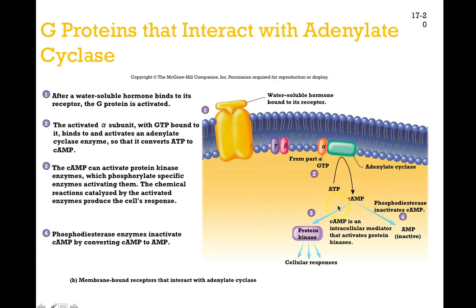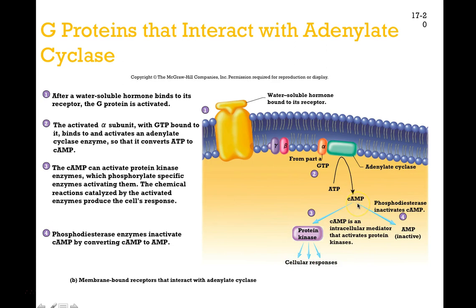We say that our cyclic AMP is our second messenger and the hormone is our first messenger. So what does our second messenger do? It is going to activate our protein kinase enzyme, which will go through and phosphorylate specific enzymes, activating them to cause our cellular responses.